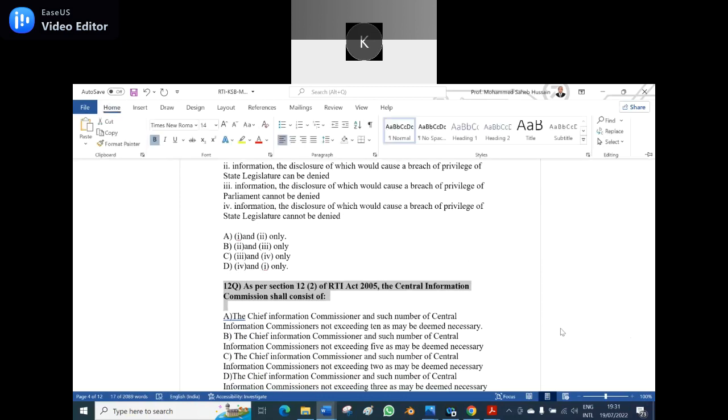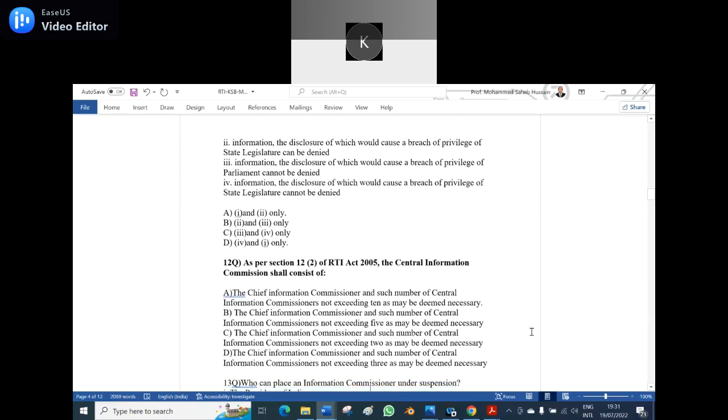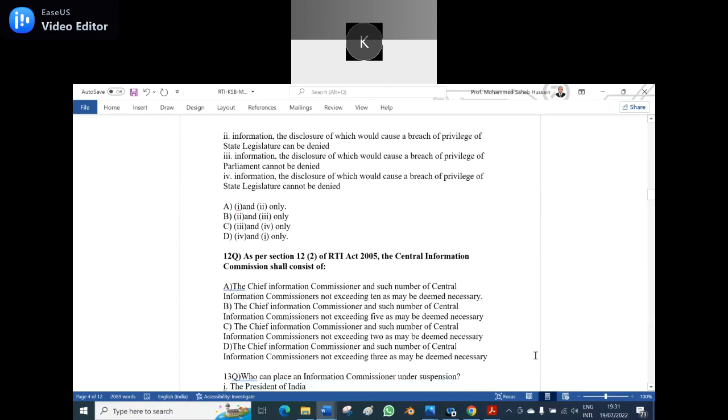12th question. As per section 12(2) of RTI Act 2005, the Central Information Commission shall consist of A. The Chief Information Commissioner and such number of Central Information Commissioners not exceeding 10 as may be deemed necessary. B. The Chief Information Commissioner and such number of Central Information Commissioners not exceeding 5 as may be deemed necessary.